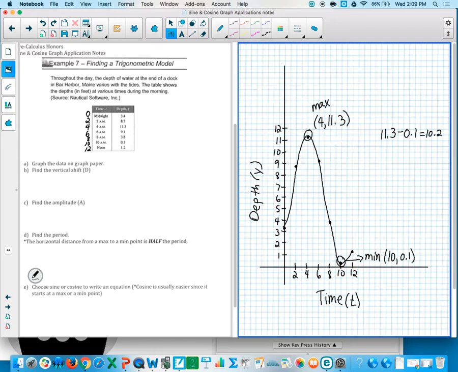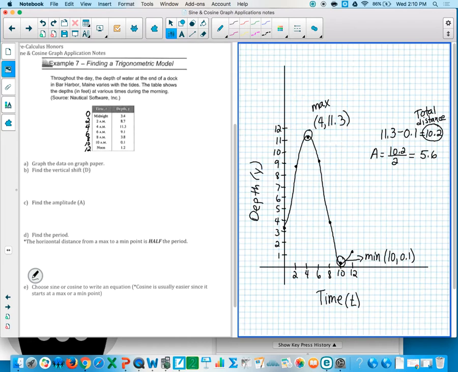okay, so our total distance from top to bottom is 10.2. All right, if I cut that in half, that's actually going to give me my amplitude. Right, and that's a distance that we can count from either the top or the bottom to get our midline.